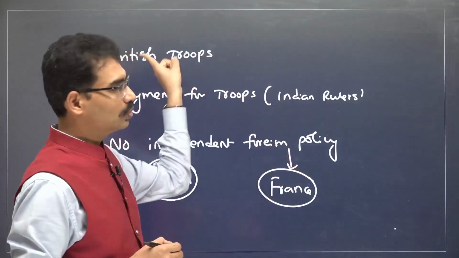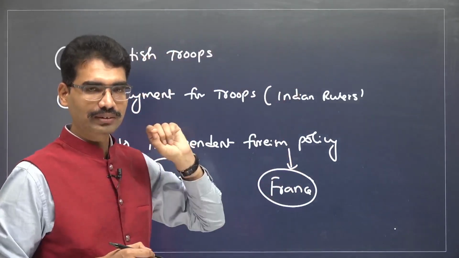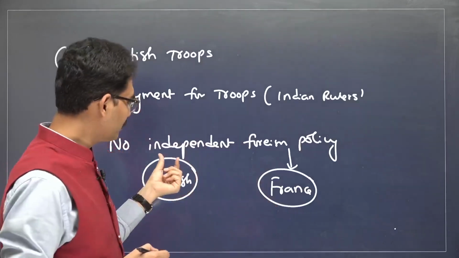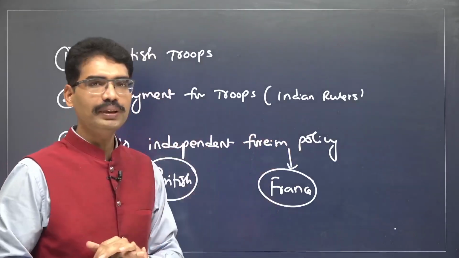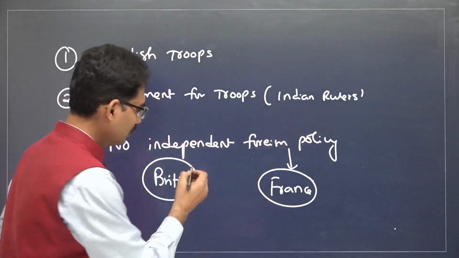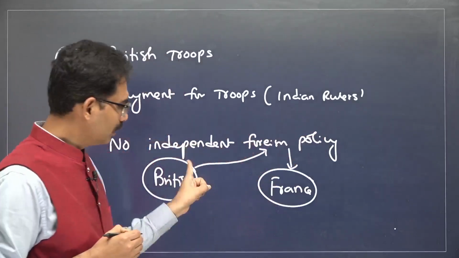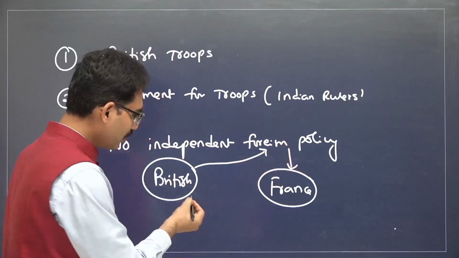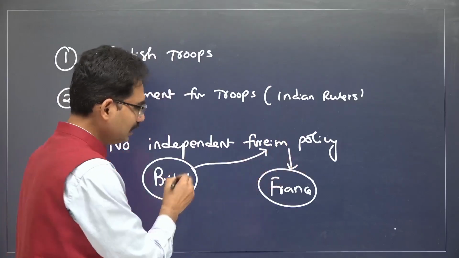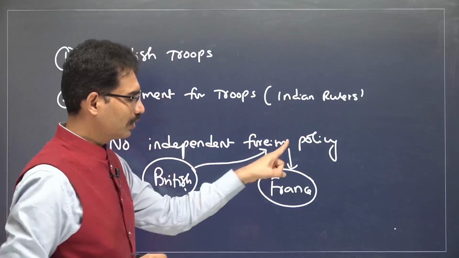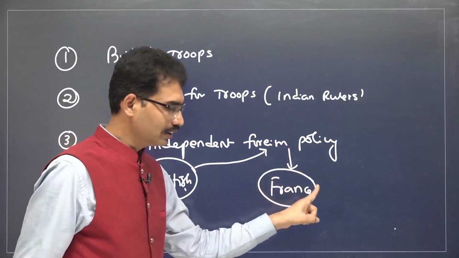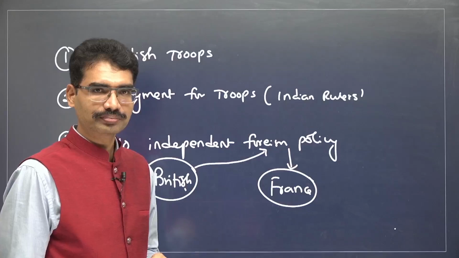That is, if you do not sign subsidiary alliance treaty, but the moment you sign it, that means you will not have complete independence in foreign policy. These people will come and influence your foreign policy. And their foreign policy is going to be according to their interests. British and France, they are enemies. Now, Indian rulers were not allowed to enter into any kind of relationship with France.